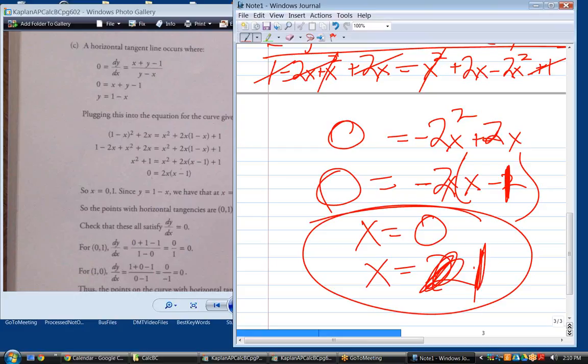In other words, when I went from this step to this step, I made a math error. Okay, so they are correct. So x equals 0.